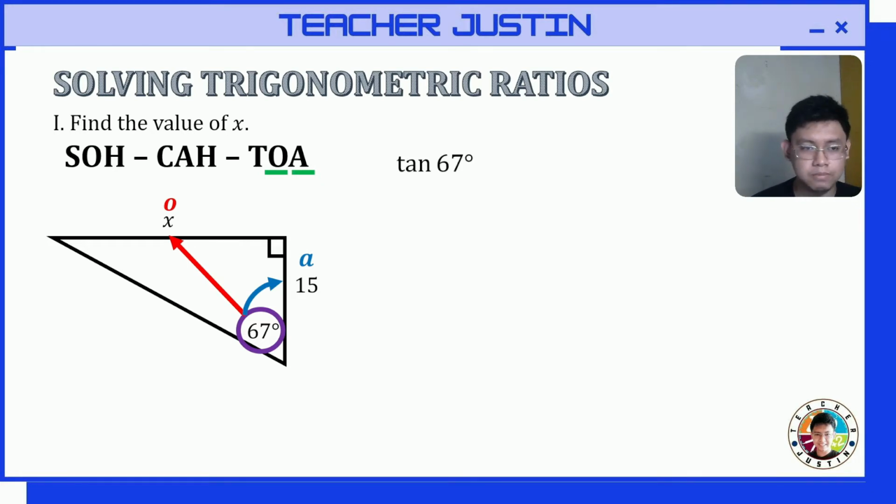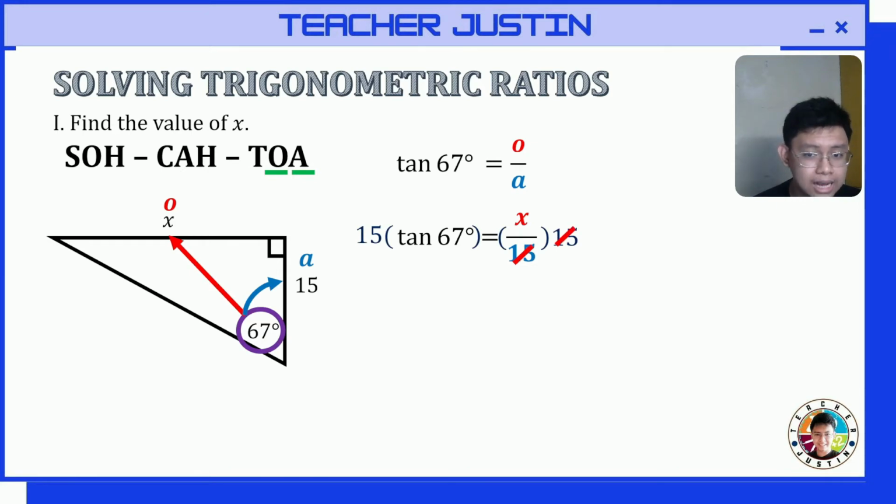trigo ratio. So, we know that tangent is equal to opposite over adjacent. That will formulate our equation. Now, let's substitute the value of opposite side and the adjacent side, giving us tangent 67 degrees is equal to x over 15. Now, let's multiply both sides by 15 to isolate the variable x.